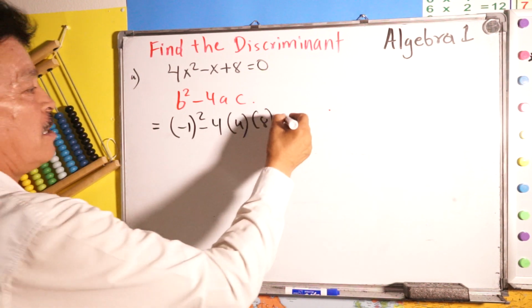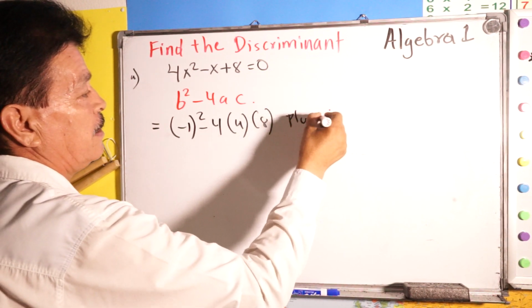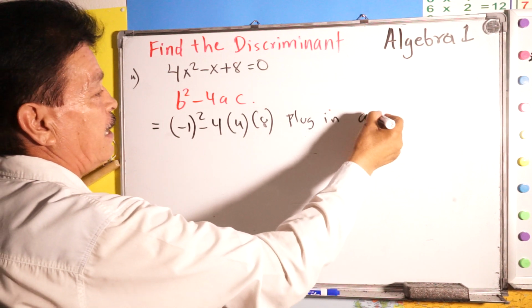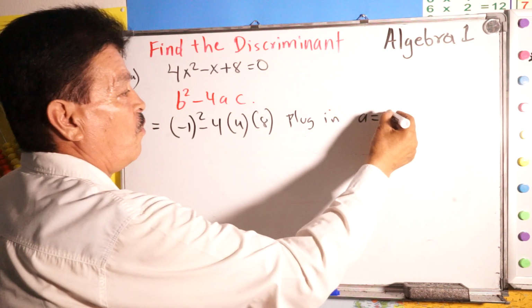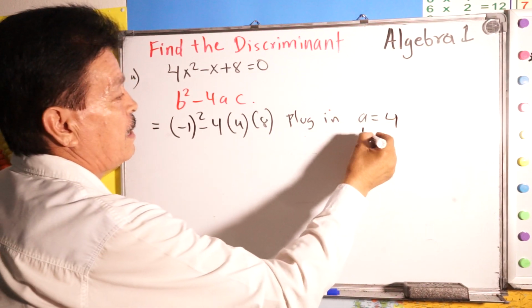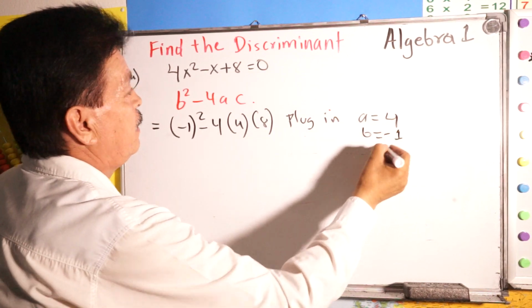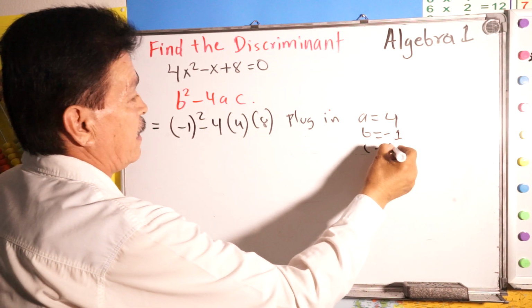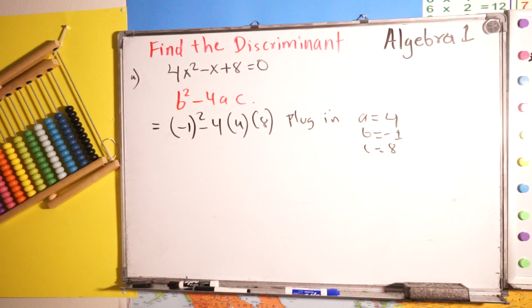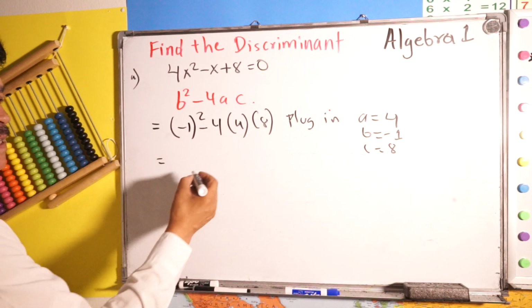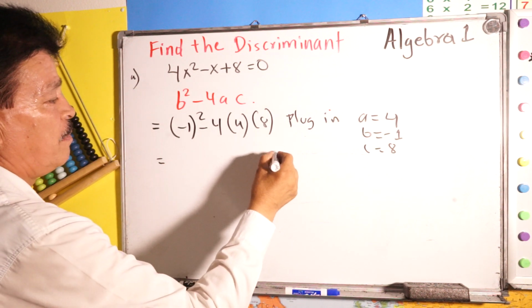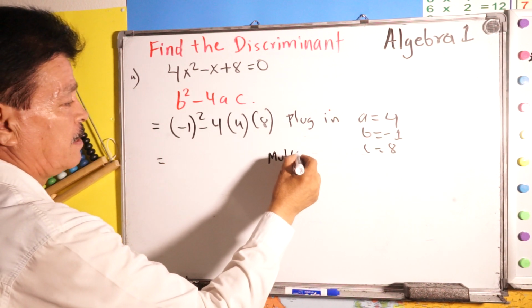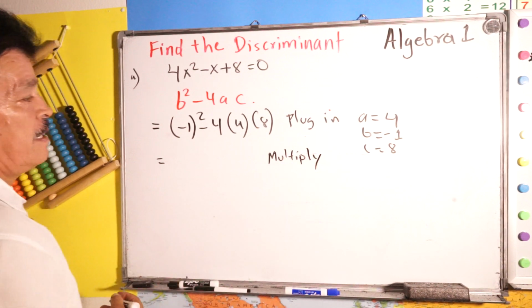So here, plug it in: a equals 4, b equals negative 1, and c equals 8. All right. So now next step, multiply. You multiply.